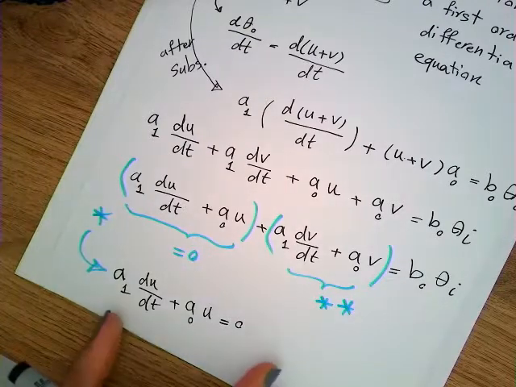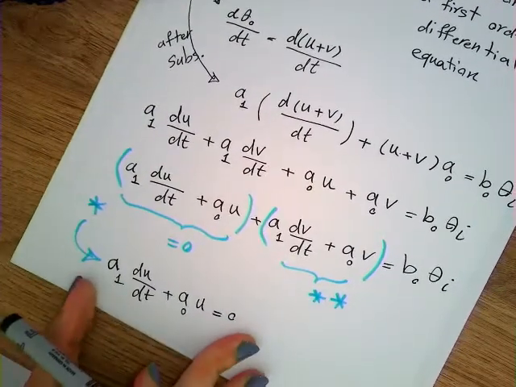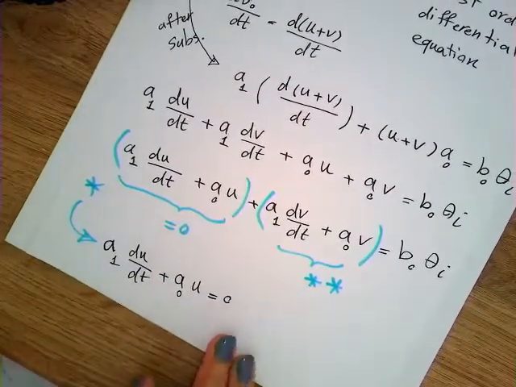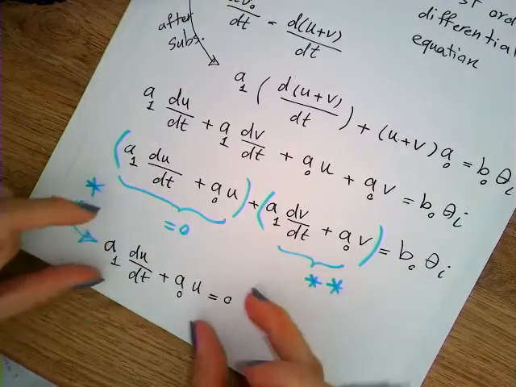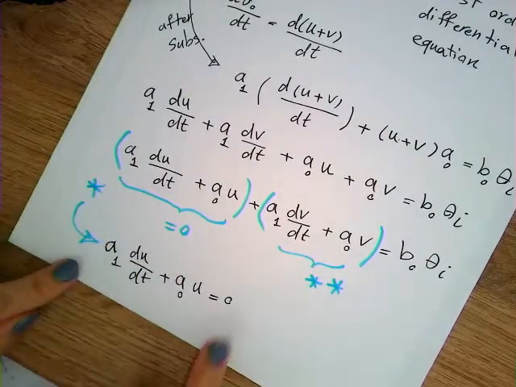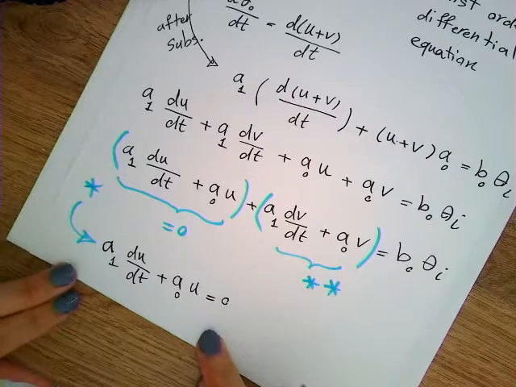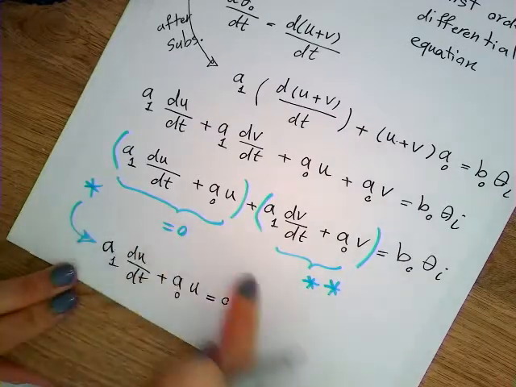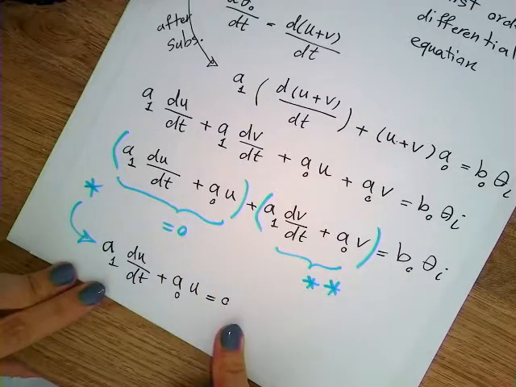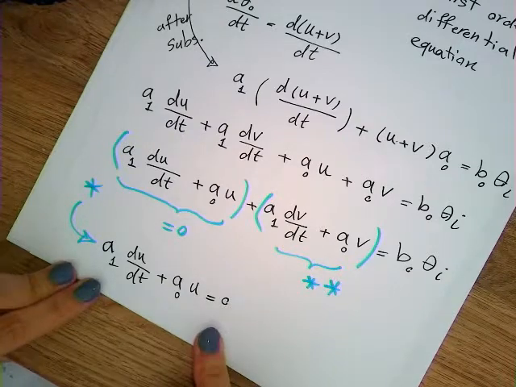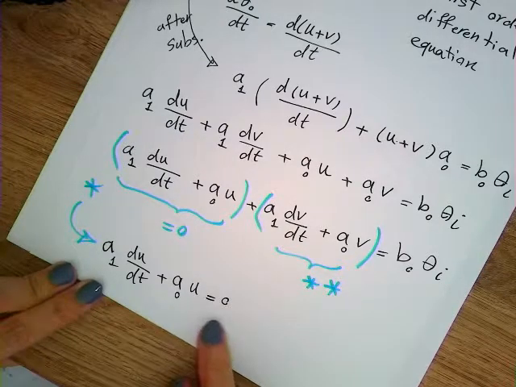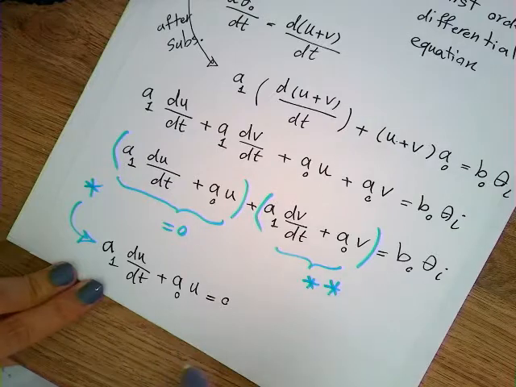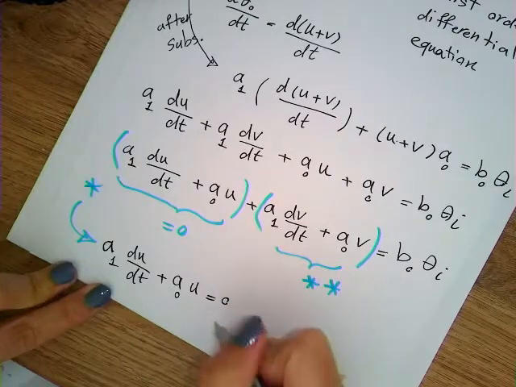So what does it mean here? It means that based on this smaller differential equation, this will be a part of my response, which I will have and doesn't depend on my input. So my input is 0.